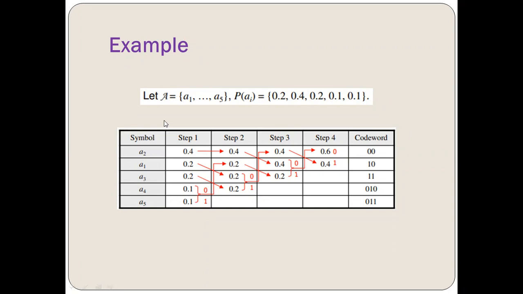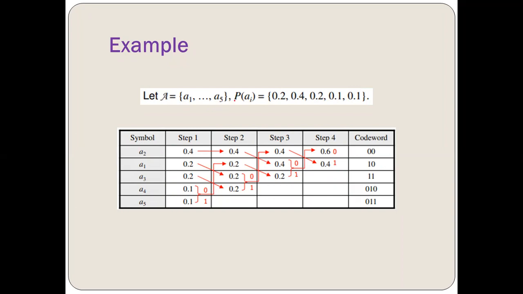If you remember, let's take an example. I'm taking the same example that we took in the earlier session of Huffman coding. Let A be equal to A1, A2, A3, A4 and A5.